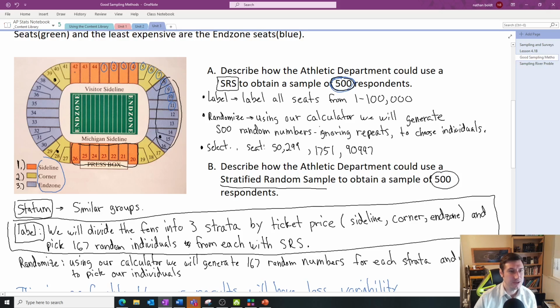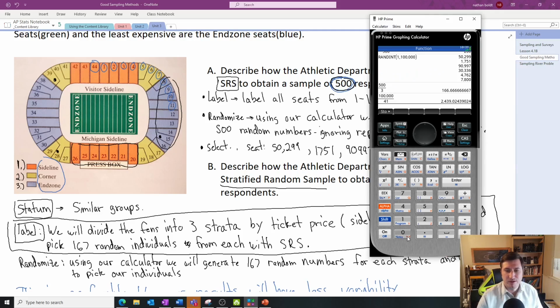Let's take each of these sections, and let's say there are 44. That's sadly not going to help me much. It's still going to be huge, isn't it? 100,000 divided by 44 is still too big, I think.